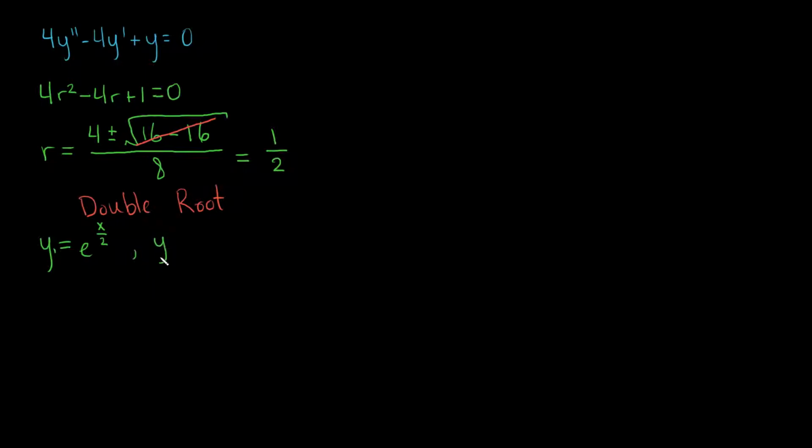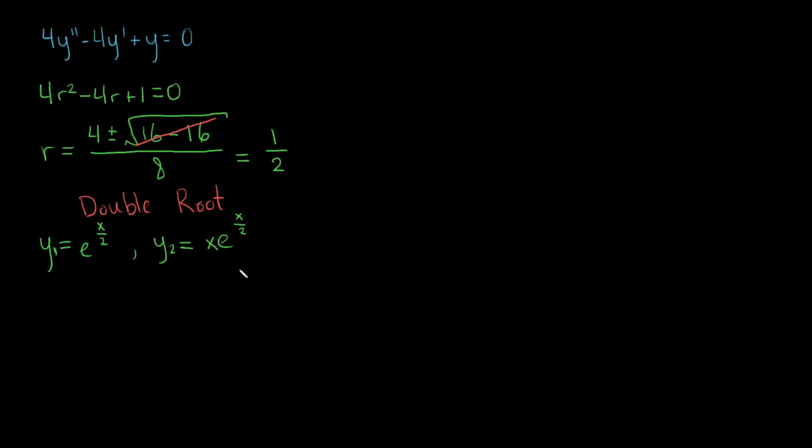So for our second solution, if we remember back, we can multiply our first solution times x to get a second solution. y equals e to the x over 2 times x. And this times x is actually still a solution because r is a double root. We showed that with a lot of algebra in the double root video.